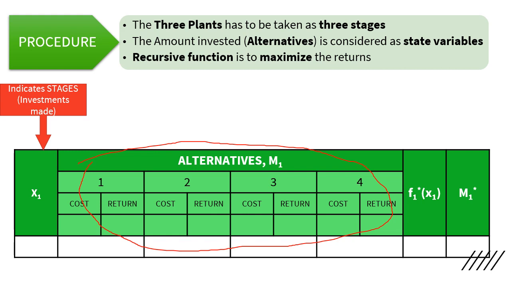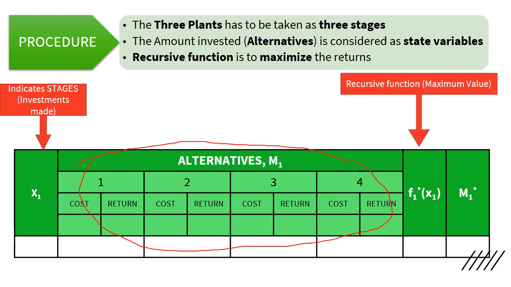So this we call alternatives. The next one is the recursive function, identifying the best alternative. Whichever I get a maximum return, it has to be mentioned here. And the next one is the alternative for the maximum value, which means if I get a maximum value at 3, then my alternative is 3. So this is what you have to make. This tabular column has to be followed for the entire problem.